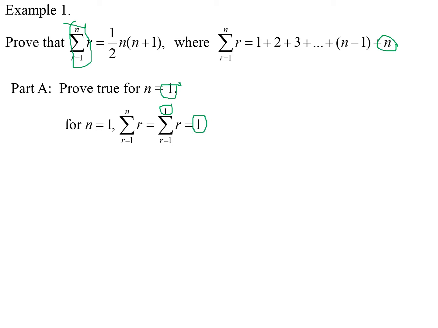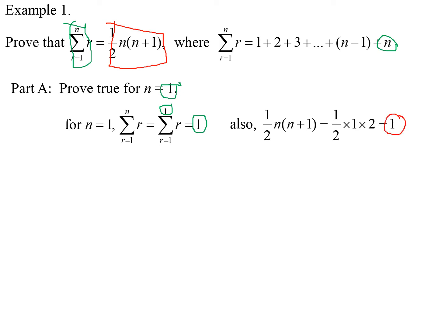The next step, we will focus on the right hand side of the equation. That would be substituting n as 1. So it will be half times 1 times 2, and we will actually get 1.